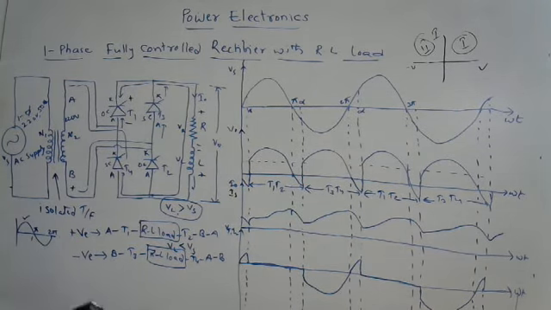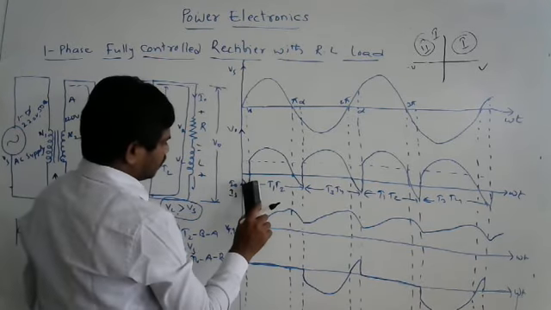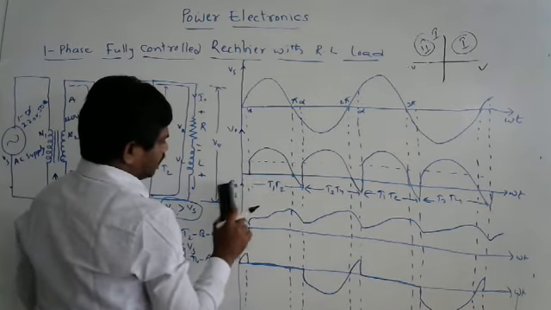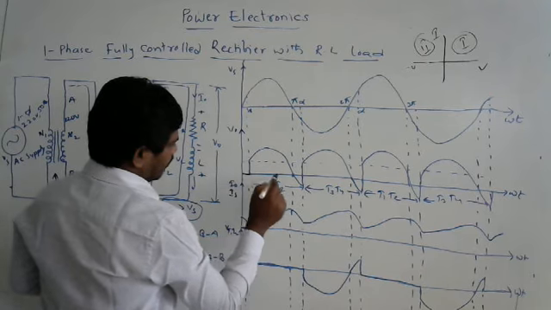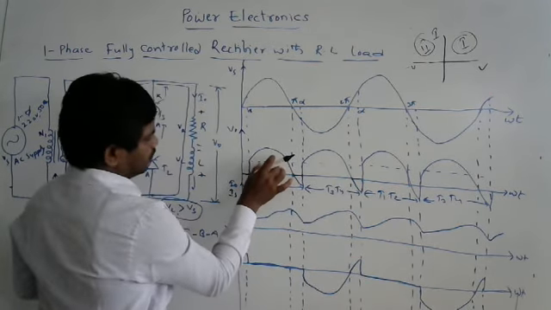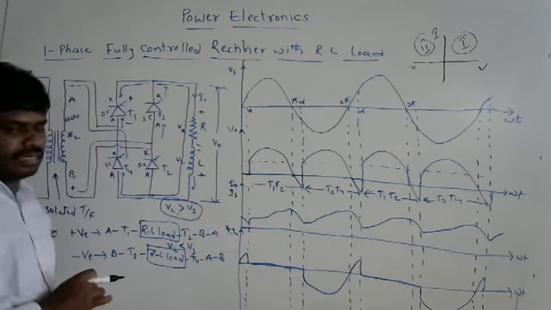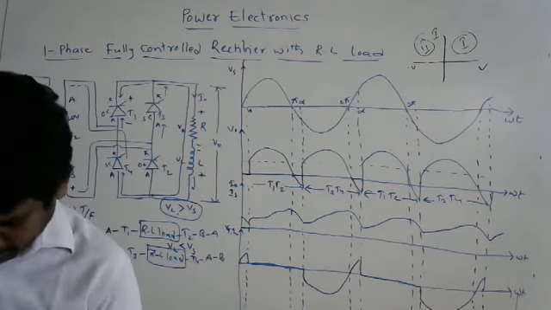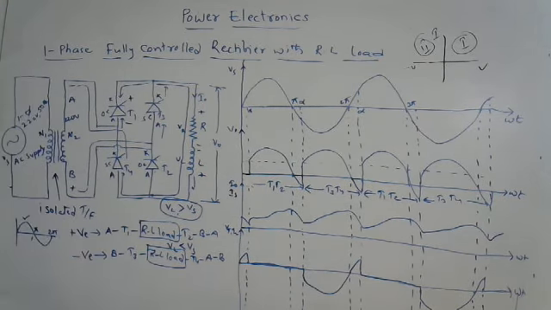How do we make it? If we make this negative voltage into zero values, then the average output voltage will increase. Hence, the average output current will also increase. Due to that, the average power delivered to the load increases, and the efficiency of the configuration further increases. That is my intention.